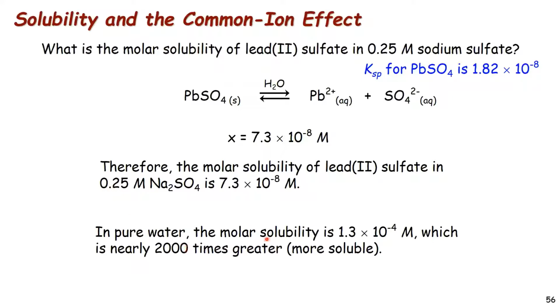So in pure water, the molar solubility is actually 1.3 times 10 to the -4. So in pure water without any sulfate in it, it's 2,000 times more soluble than if it's in a solution that's 0.25 molar sulfate. So you can see how the common ion effect really affects the solubility of ions.